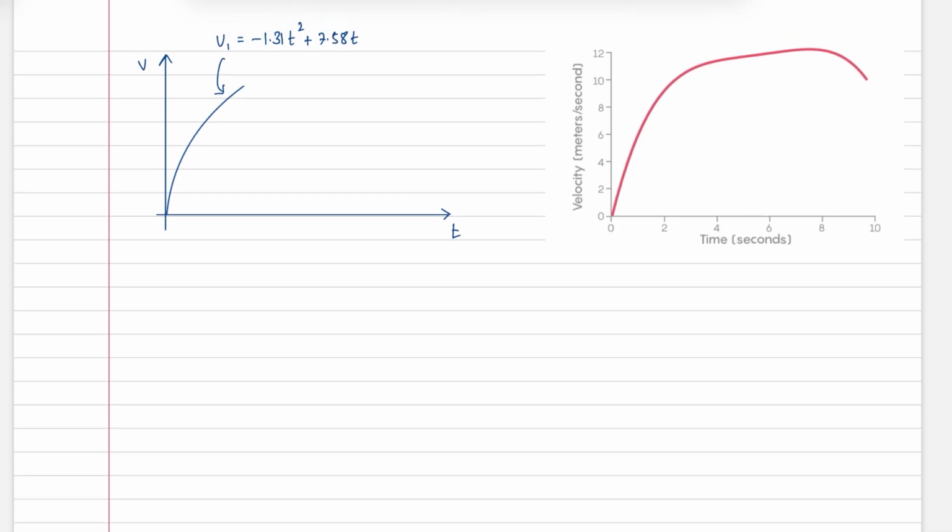And for the second part, you're going to keep it as just a straight line that is defined as v2 equals 0.375t plus 10.